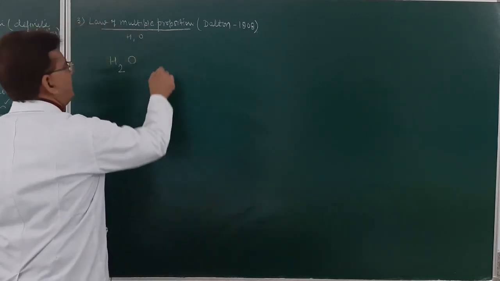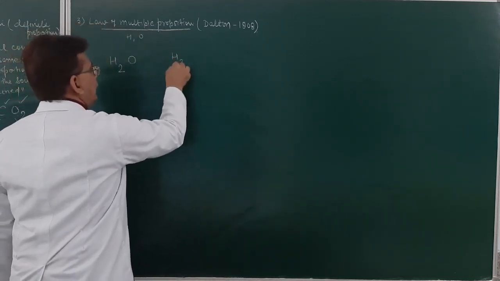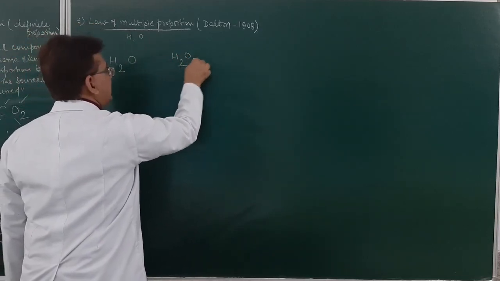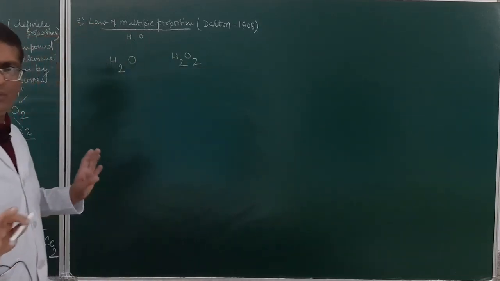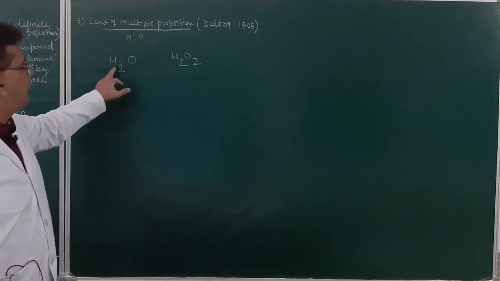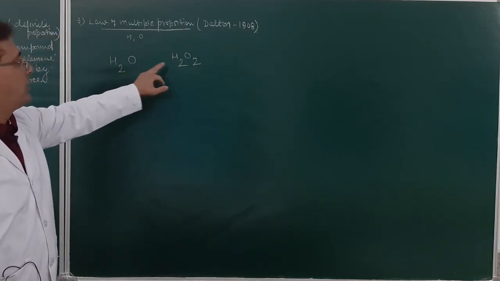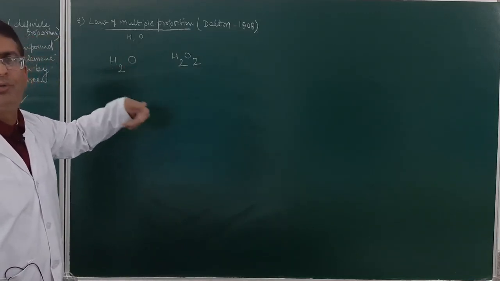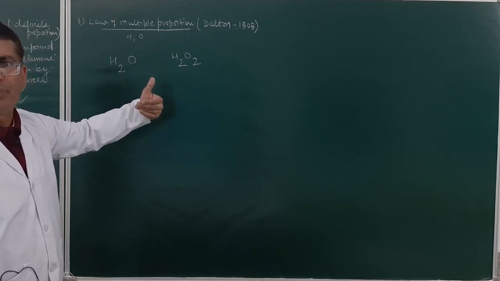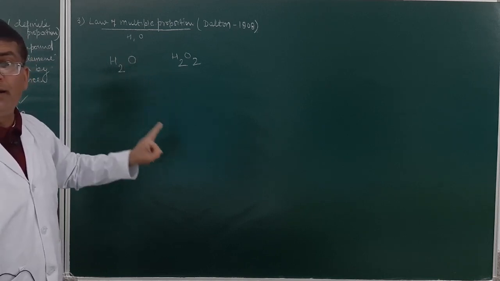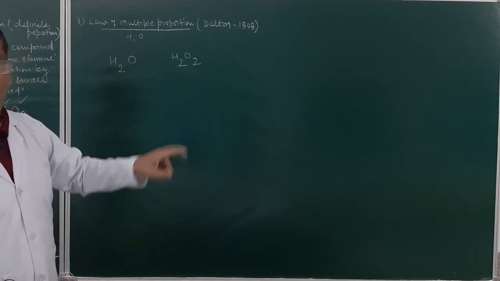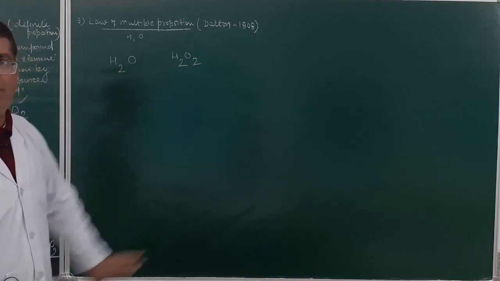They may also combine to form hydrogen peroxide. You know these two compounds? When two different elements combine to form two or more different compounds, then the different mass of one element will differ.